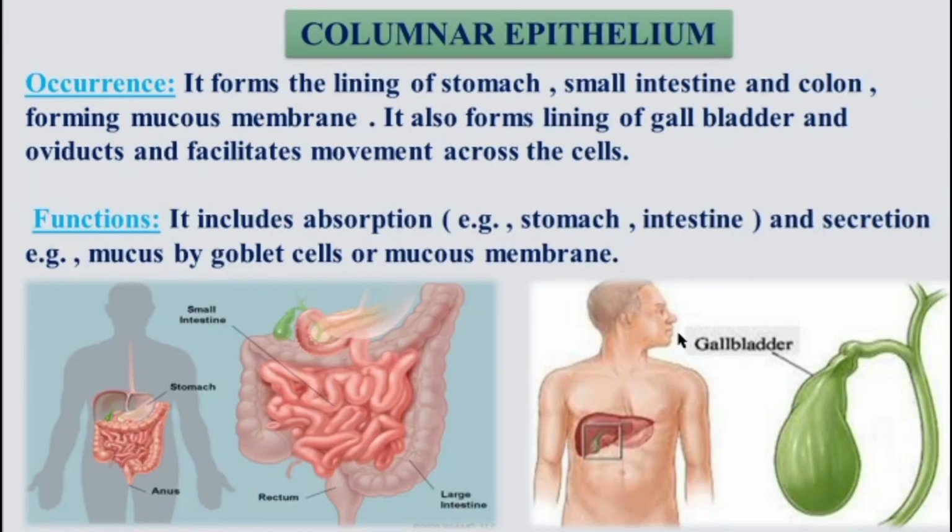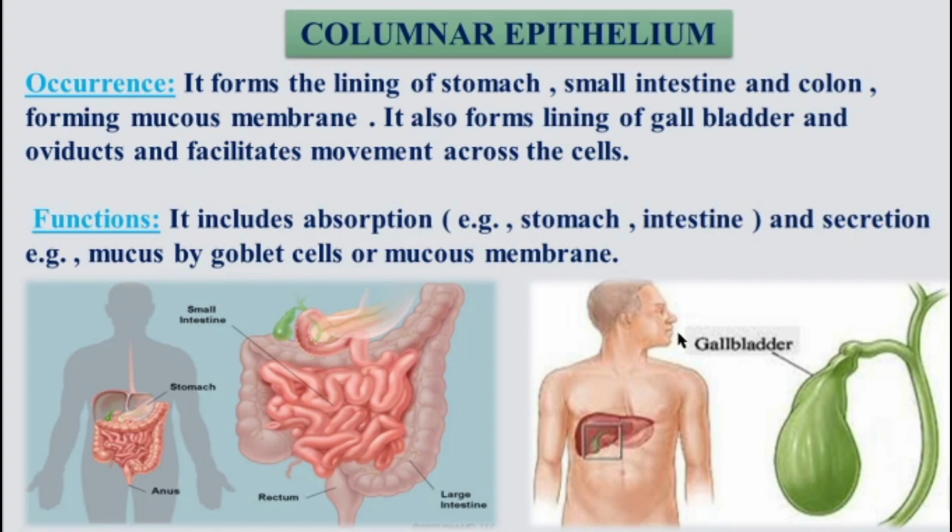The next one, occurrence. It forms the lining of the stomach, especially in the digestive system: the stomach, small intestine, and colon, forming the mucous membrane. Mucus is a watery, semi-solid substance.